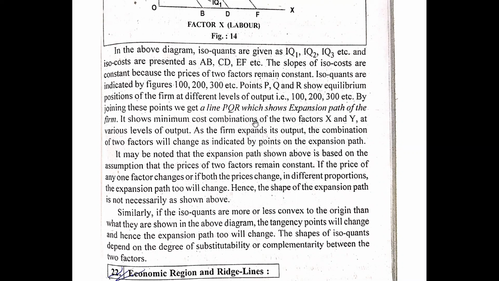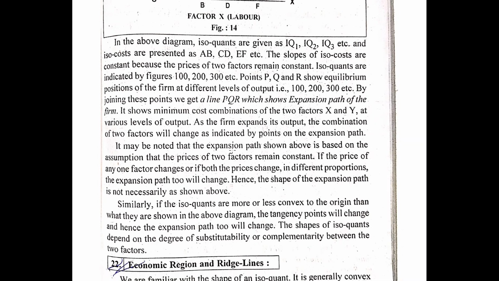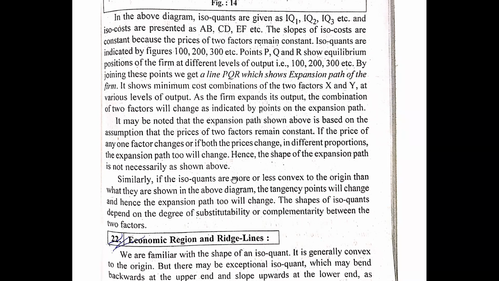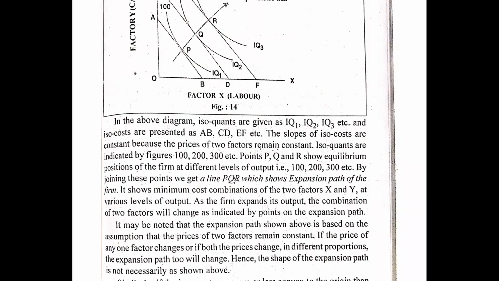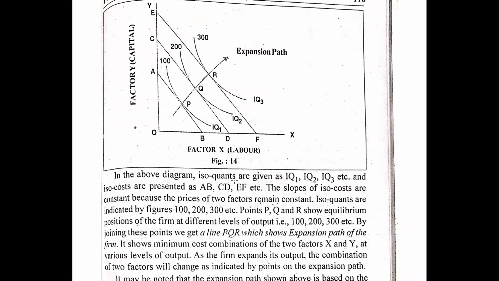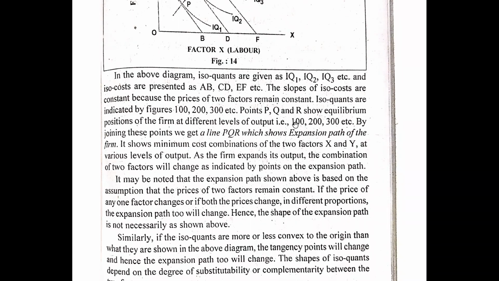It shows the minimum cost combination of the two factors X and Y at the various levels of output. As the firm expands its output, the combination of two factors will change as indicated by the points on the expansion path. So guys, no need to read it further, but you just need to understand what the expansion path is, how we get the expansion path, and how it looks on the diagram.